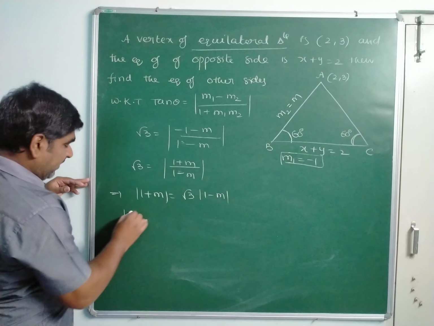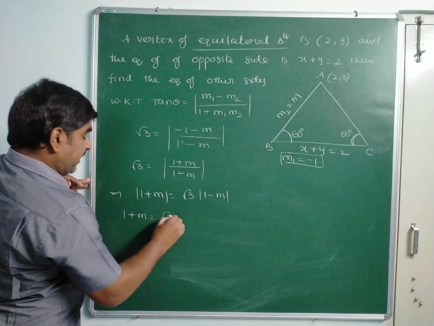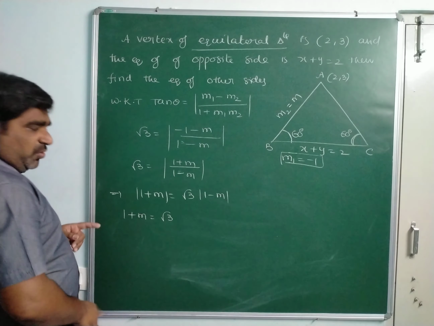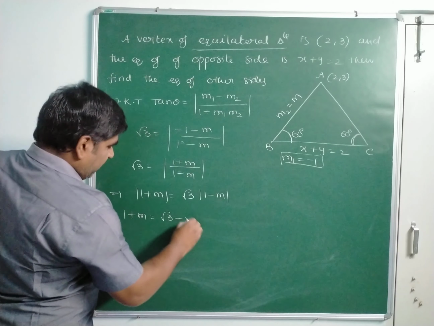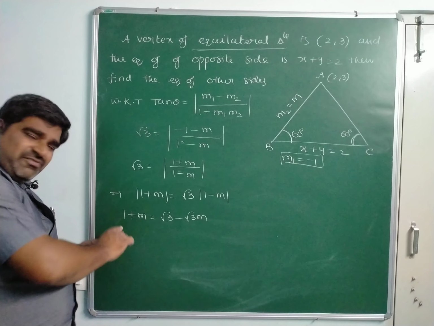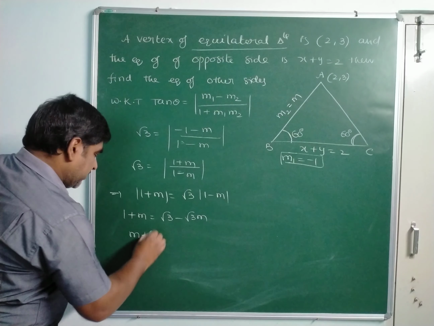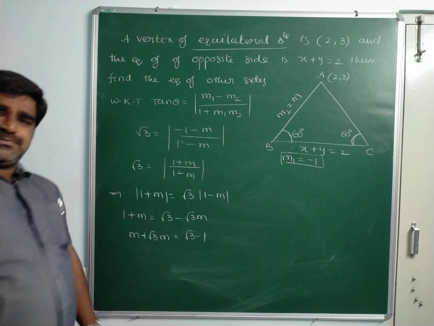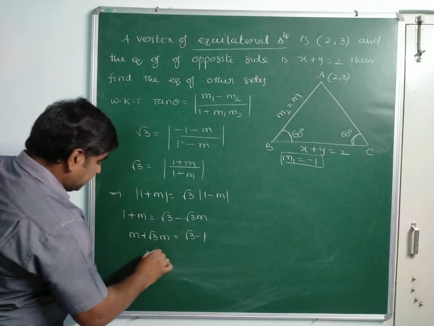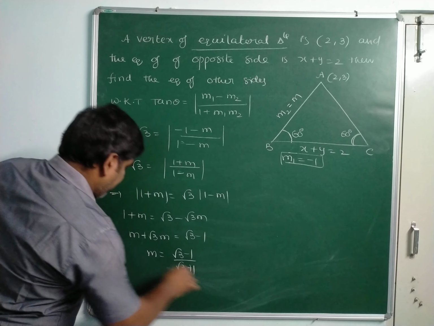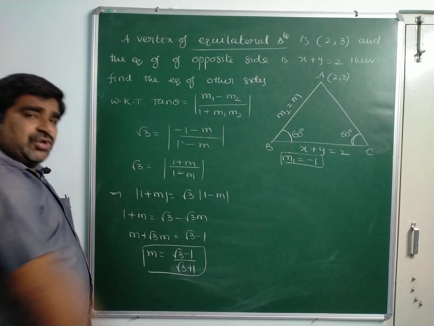Taking the plus sign, 1 plus m is equal to root 3 into (1 minus m), that is root 3 minus root 3m. So take this minus root 3m to the side: m plus root 3m is equal to root 3 minus 1. So m is equal to (root 3 minus 1) by (root 3 plus 1).